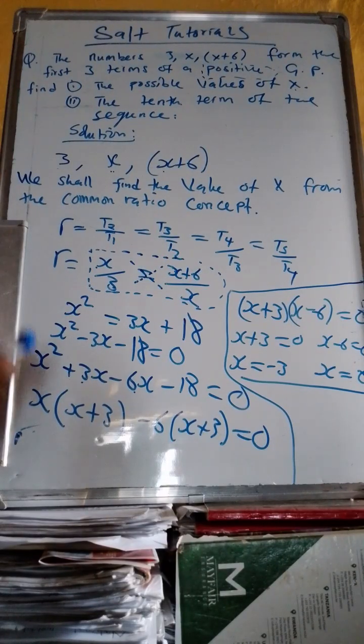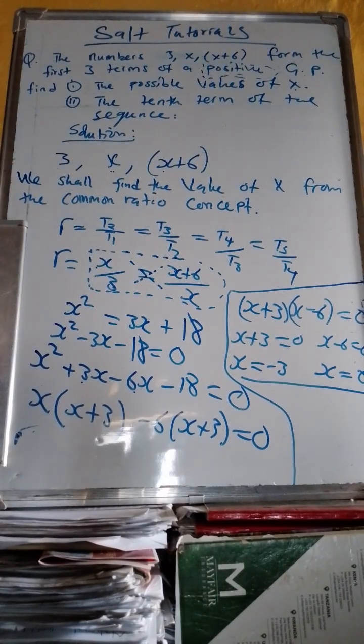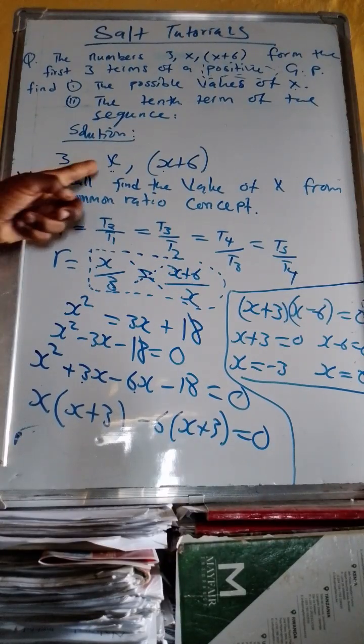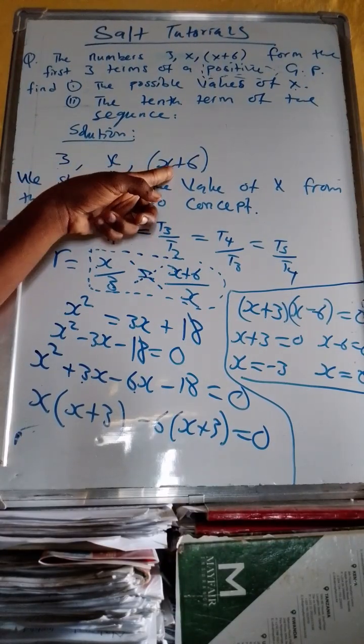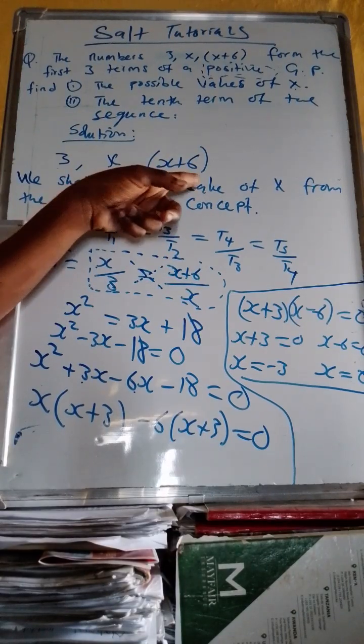We are told that this is a positive geometric sequence. It means all these values should be positive. So we have to take note of something, if at all these values of x are going to be satisfied. If the value of x is negative 3, this would be 3 comma negative 3, here negative 3 plus 6, it would be 3.